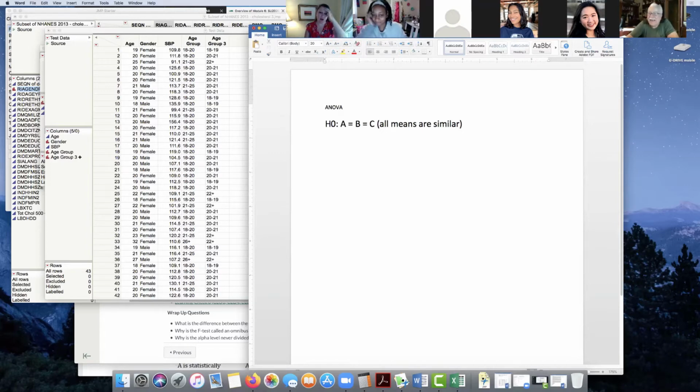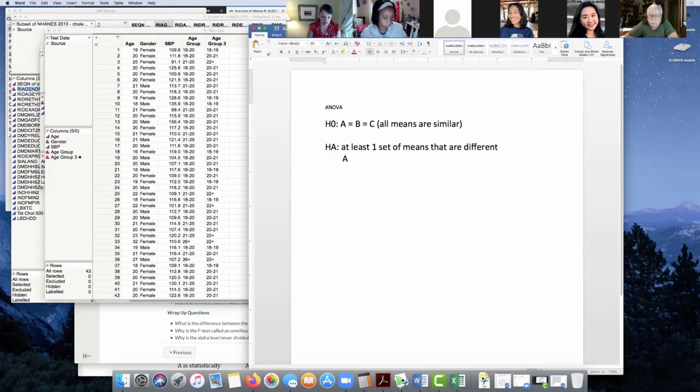Okay, so that's our null hypothesis. And then our alternative is that there's at least one set of means that are different. So remember, it's not that they're all equal or they're all not equal. For the ANOVA, we have these options.